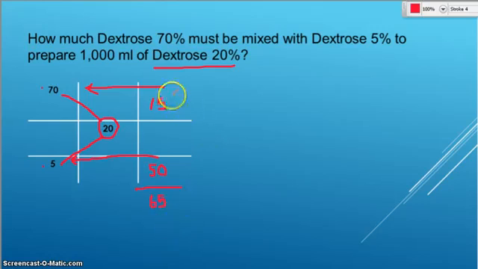Okay, so remember we said we needed 15 parts of the 70%. We need 15 out of that total of 65, so we're going to write that as a fraction: 15 out of the total of 65. We're going to take that ratio and multiply it by the quantity we want to prepare.